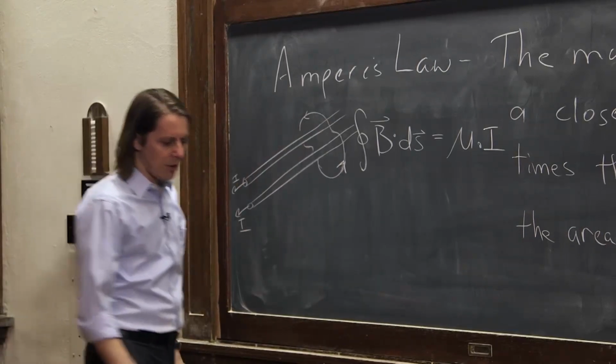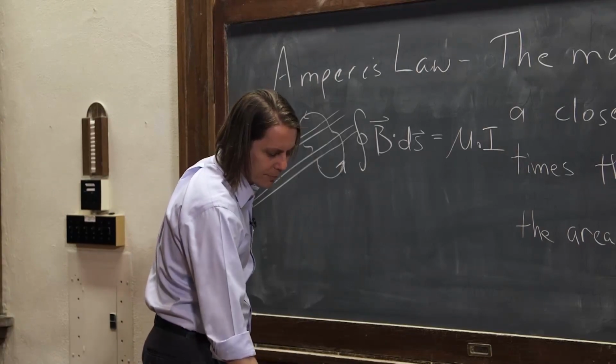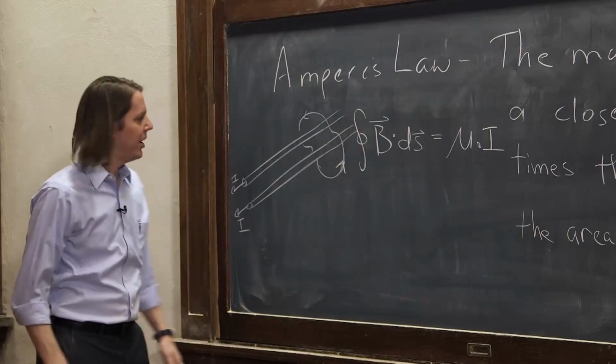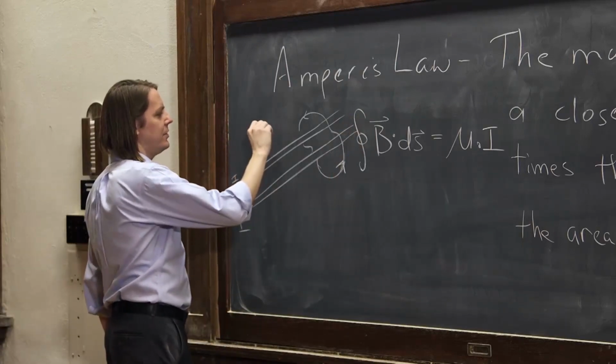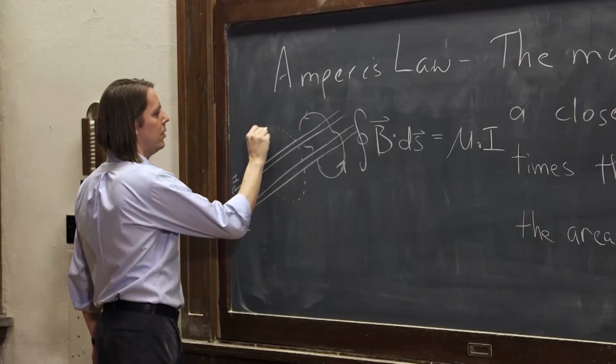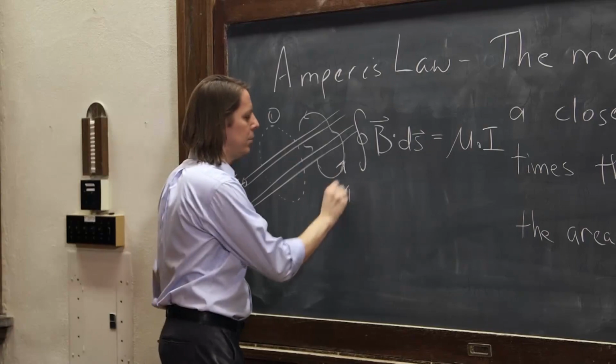Right? So now, let's think about 3 paths to consider. Okay? 3 Ampere's law kind of paths. So one might just say, let's just have a path going around both wires. Right? That's number 1, path around the wires.